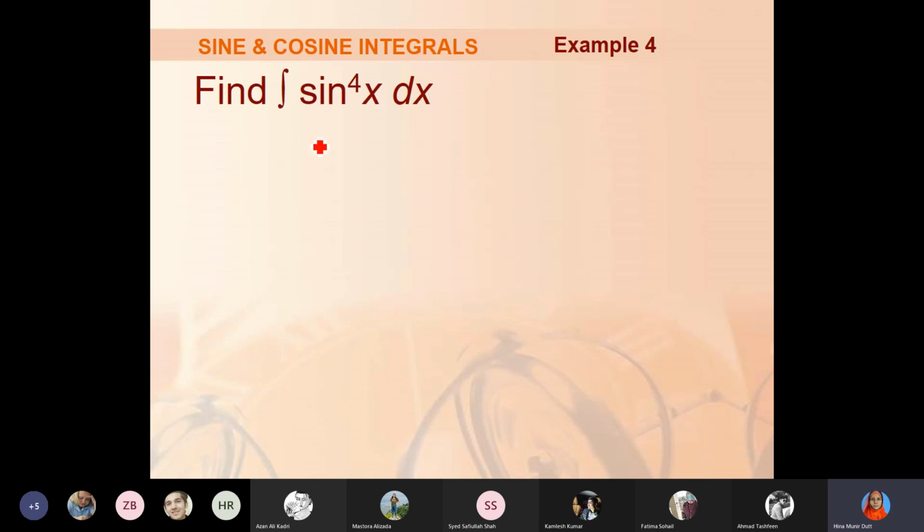And then put the limits of integration. What about this one? Sine 4 of x. 1 minus, why 1 minus? Then use the half angle identity, which is (1 minus cos of 2x over 2) whole square.